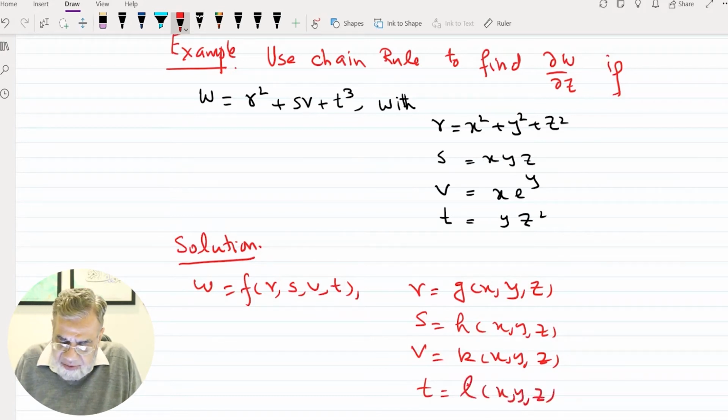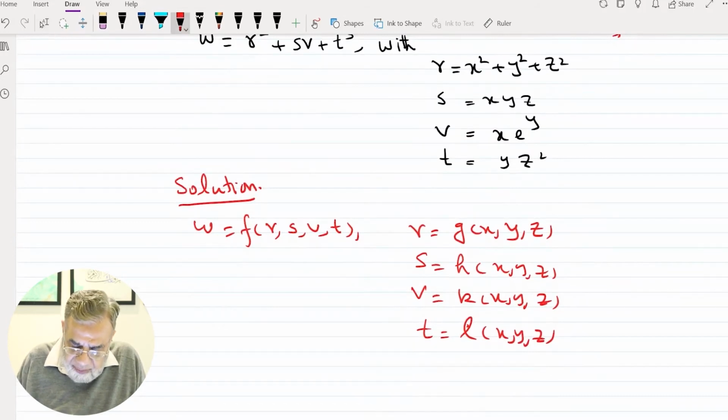Now when we want to write the formula to find partial w by partial z, this means we differentiate with respect to r, s, v, and t, and then these derivatives we take with respect to z.